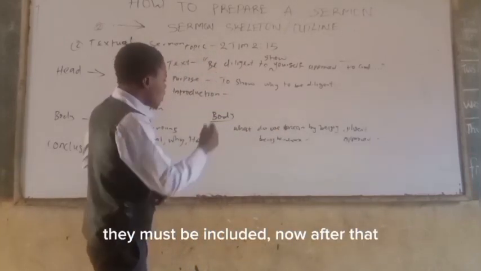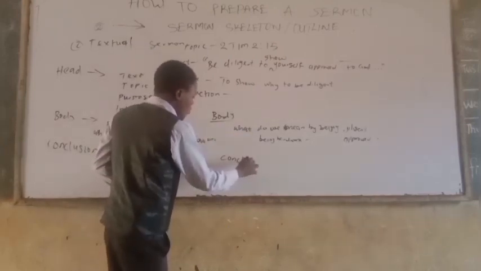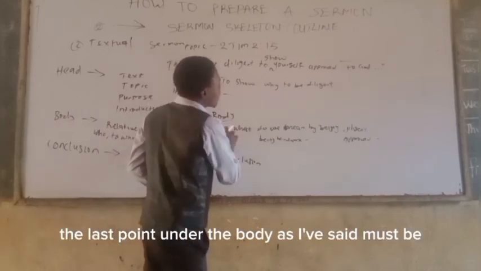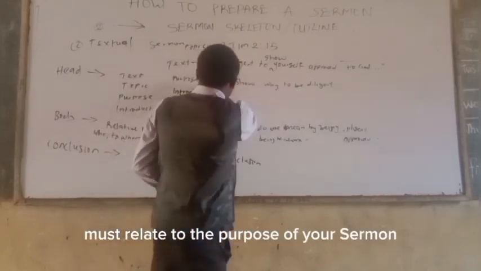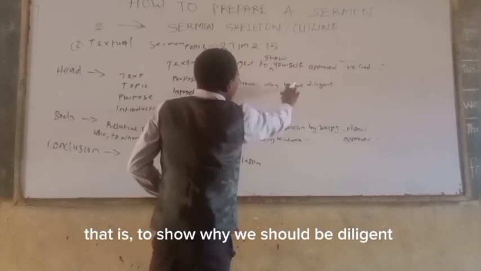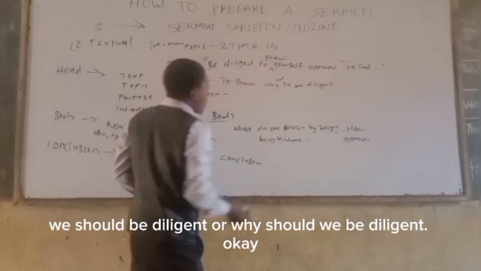It must be included. Now, after that, you will go to the conclusion. But mind you, the last point under the body, as I've said, must relate to the purpose of your sermon. That is why we should be diligent, to show why we should be diligent.